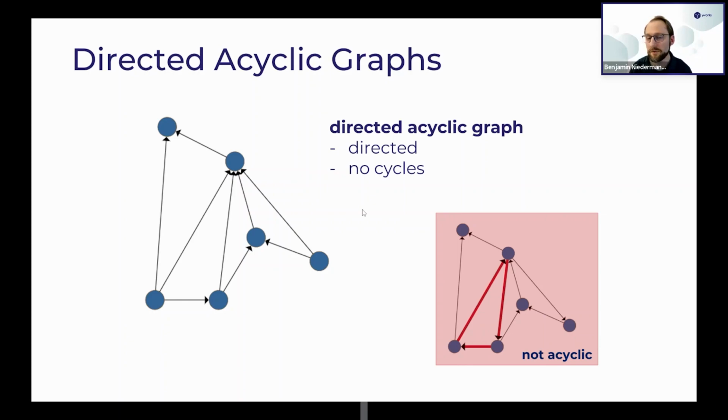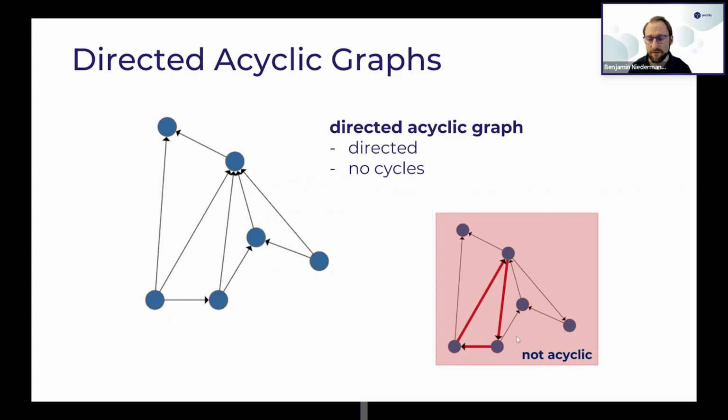This will also be important. Acyclic or directed acyclic means that all edges are directed and there are no cycles. Here, for example, we have a directed acyclic graph, which basically represents a topological order.